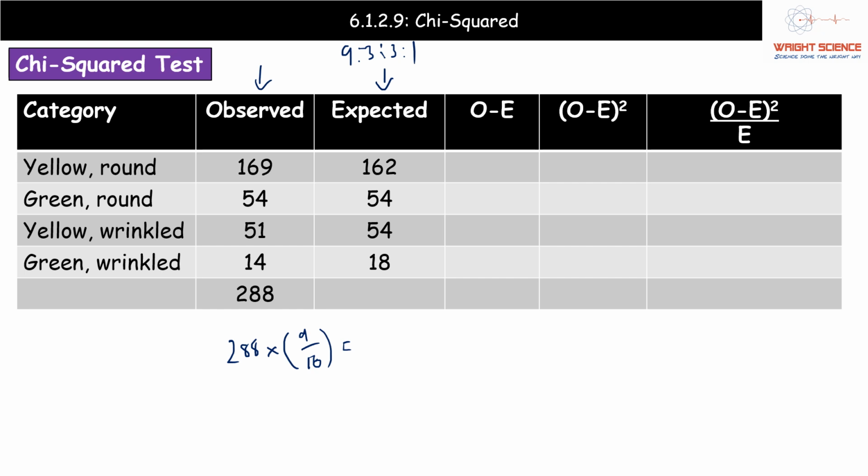Okay, so our first column that we're going to do any calculations for is O minus E. So all we do here is whatever the observed value is minus the expected. So 169 minus 162 gives us 7. 54 minus 54 is 0. 51 minus 54 is going to give us minus 3.